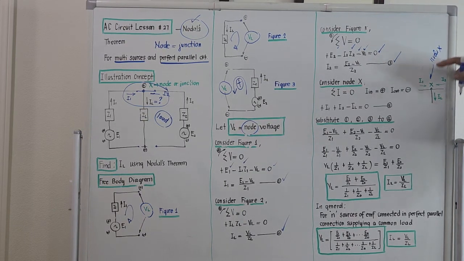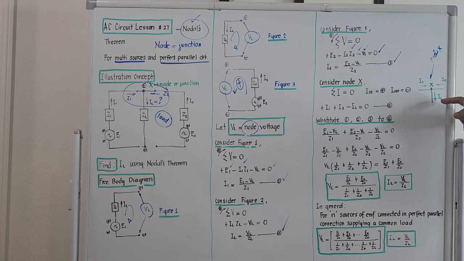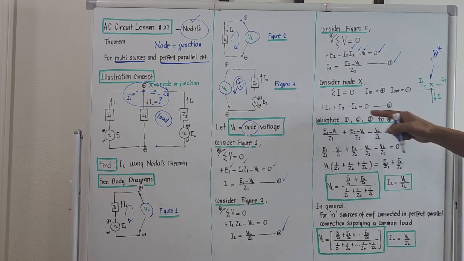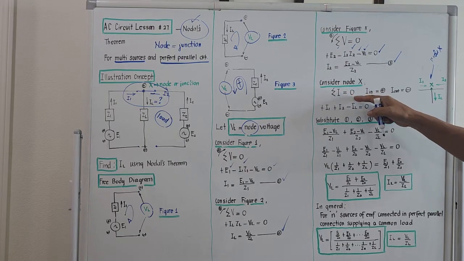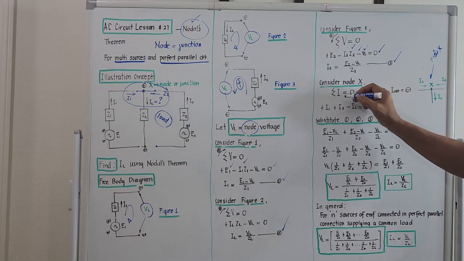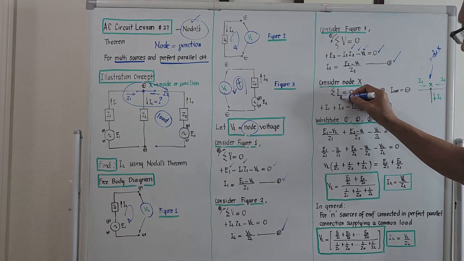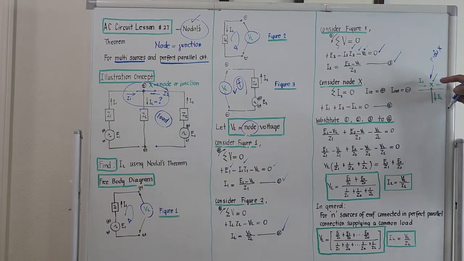At node X or junction X, the current going in is I1, the current going in is also I2, and the current going out is I sub L. If we take the sigma notation, capital letter I, this should be equal to 0. The summation of current at junction X, I will put the subscript X here, meaning this X refers to this junction or node.